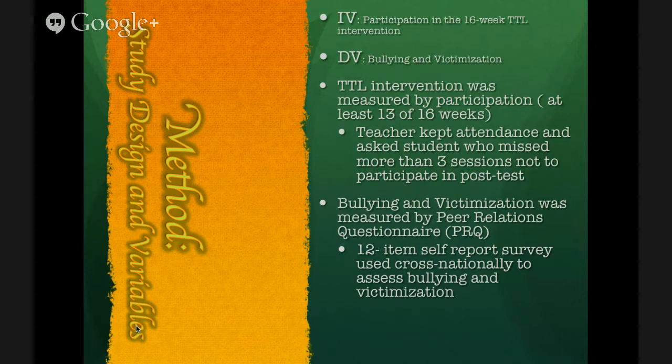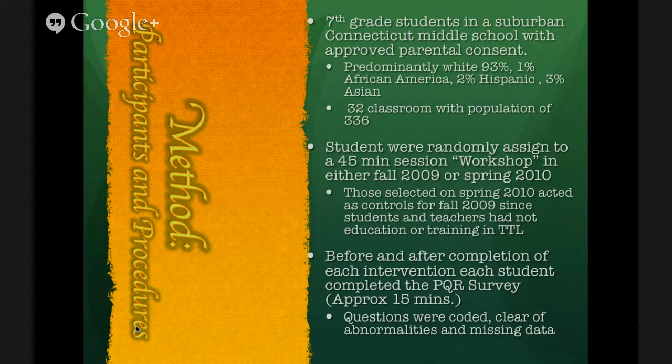TTL intervention was measured by participation, and teachers kept attendance and asked students who missed more than 3 sessions not to participate in the post-test. Bullying and victimization were measured by the PRQ, which was a 12-item self-report survey used cross-nationally to assess bullying and victimization.